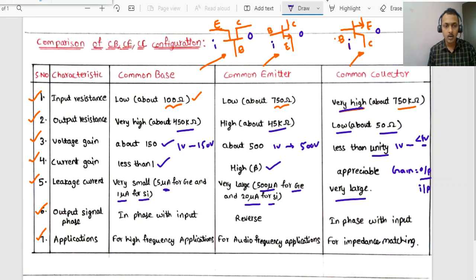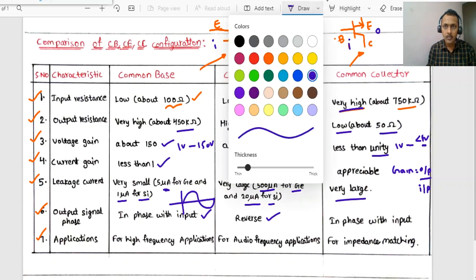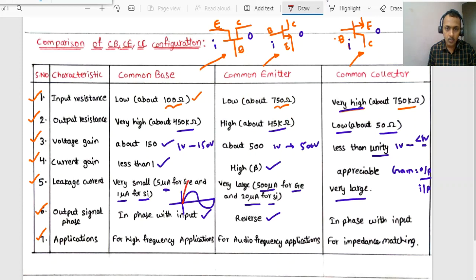What about the output signal? In common base, the output signal will be in phase with input. In common emitter, it will be reversed. In phase means, for example, if this is the input given, depending upon its gain value, if the gain is greater than 1, we may get a value larger in magnitude, but it will be in phase with the input voltage.